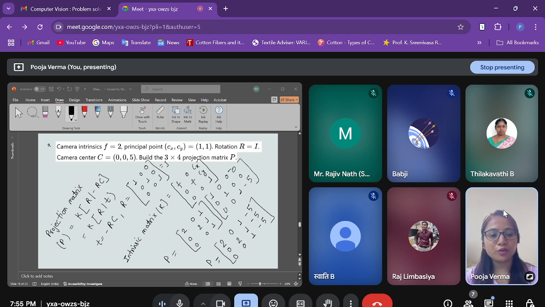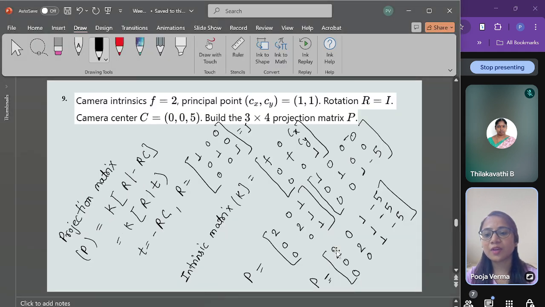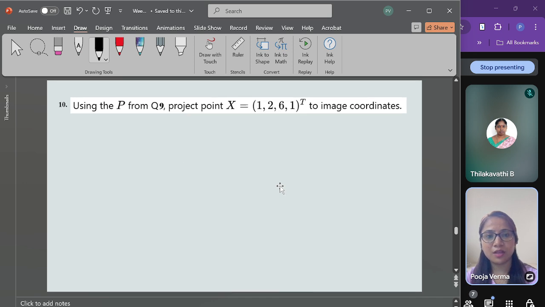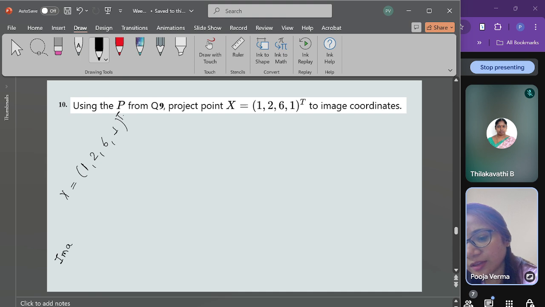Now using this projection matrix for the next question, we have to calculate the image coordinates. The projected point X is given, that is 1 2 6 1 transpose. The image coordinate is calculated by, I'm writing the formula, let's say it is x dash.